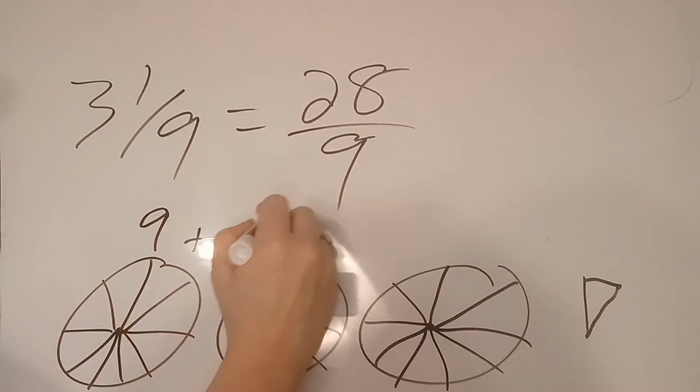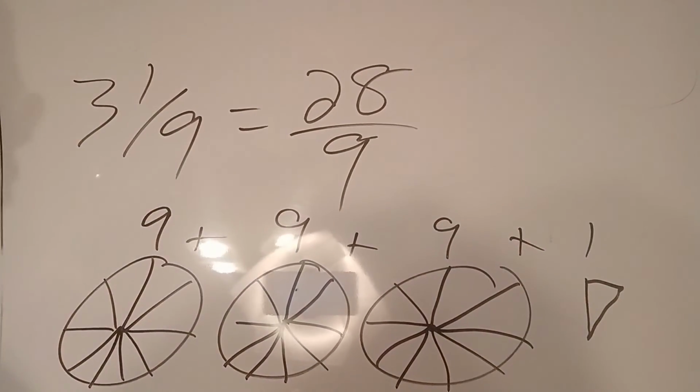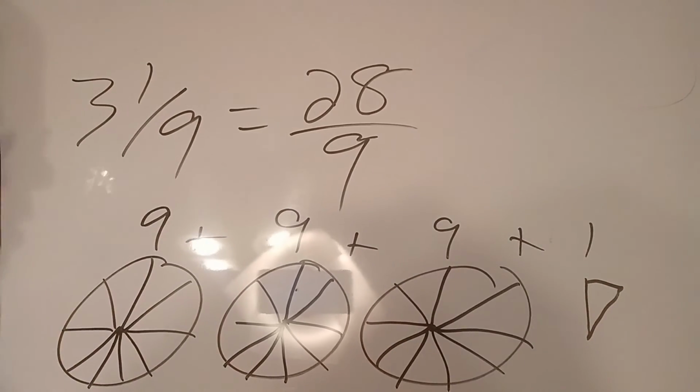Nine from here, 9 from here, 9 from here, and 1 from there. 27, 28.